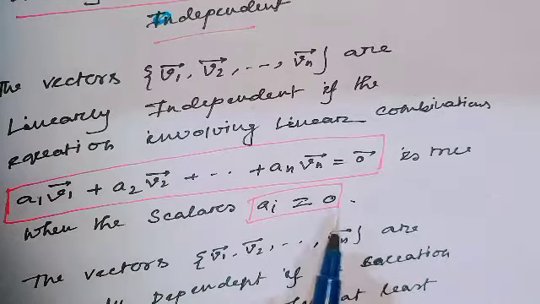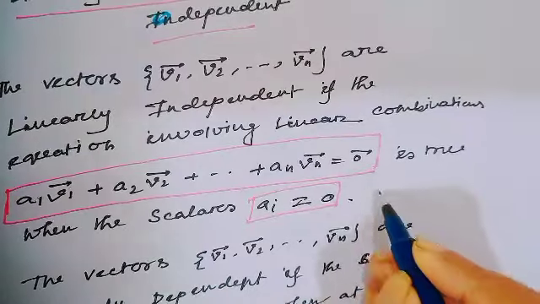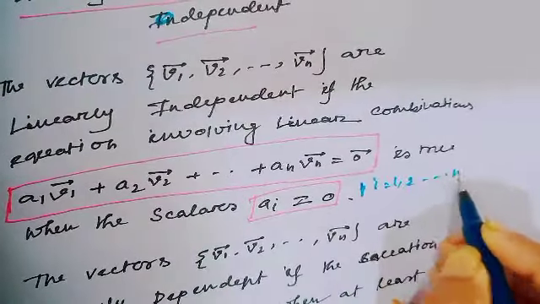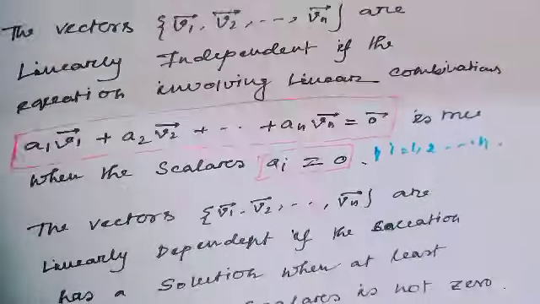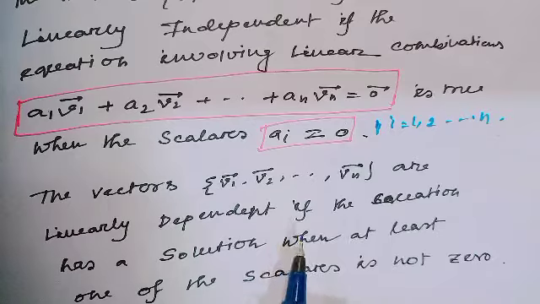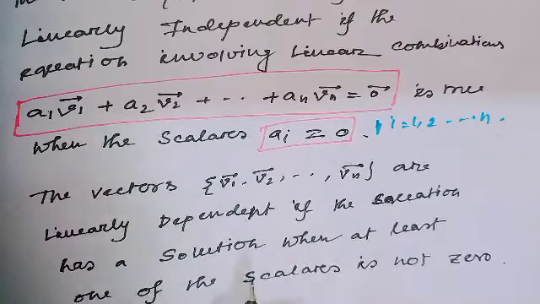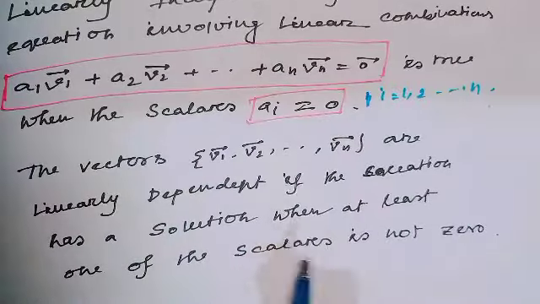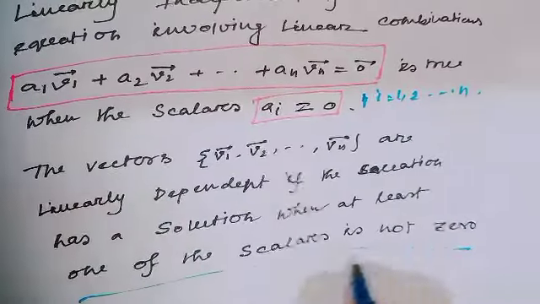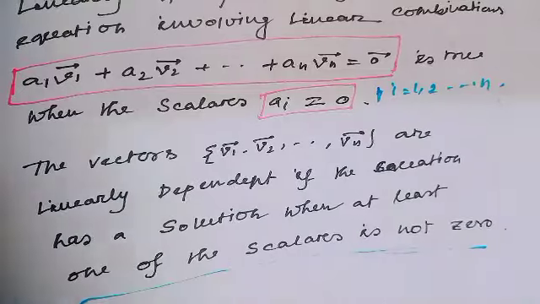That means ai equal to 0 for all i equal to 1 to n. And when the vectors v1, v2, up to vn are linearly dependent, the equation has a solution where at least one of the scalars is not equal to 0. Are you getting the idea?